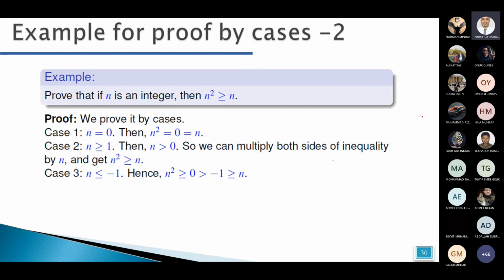Again, I think some of you lose in the middle, so I will repeat it for you. Proof by cases. How many cases will we have here? 0, and anything more, anything less.